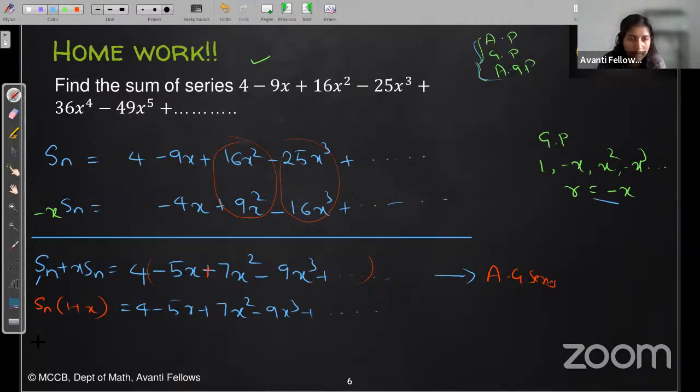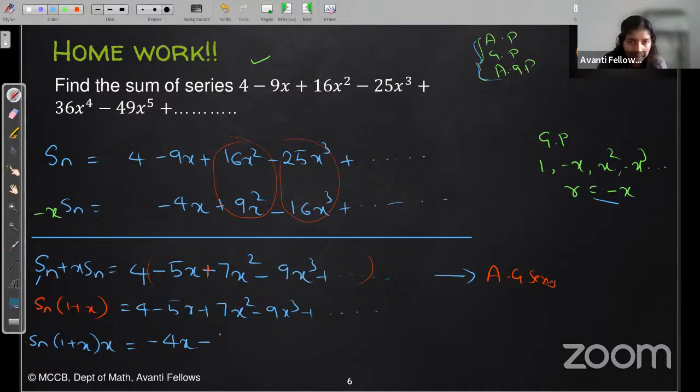Okay. So when we multiply, we will get Sn into 1 plus x equal to 4x, multiplying 4 with x, 4x, minus, multiplying this with the minus x, so this is minus 4x, right?